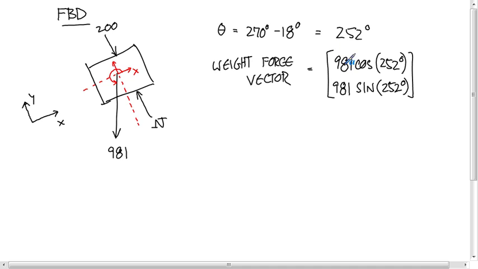Actually, can someone calculate those? I don't have a calculator here. Negative 0.3 point, what? Yeah. Okay, 303.14. And thanks.